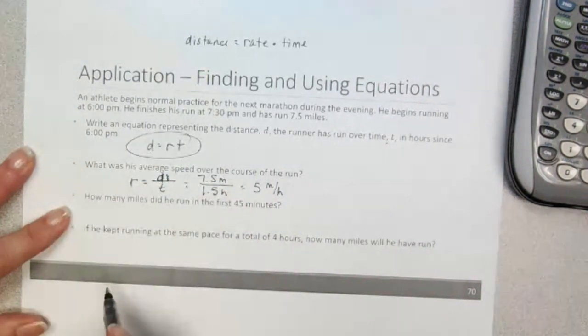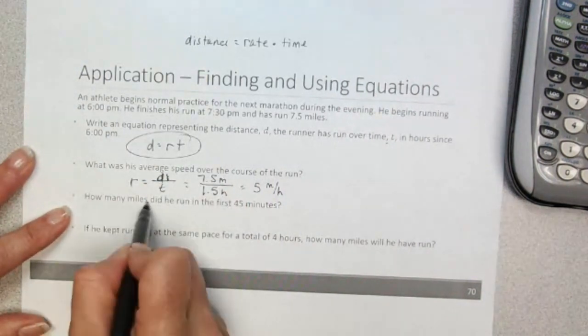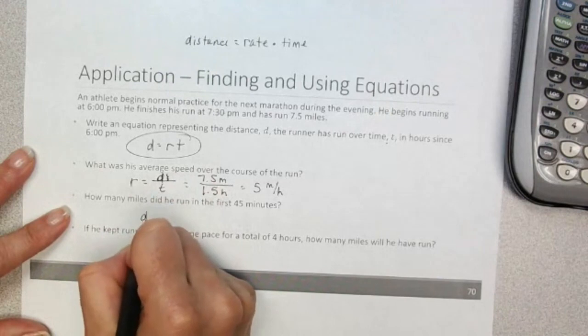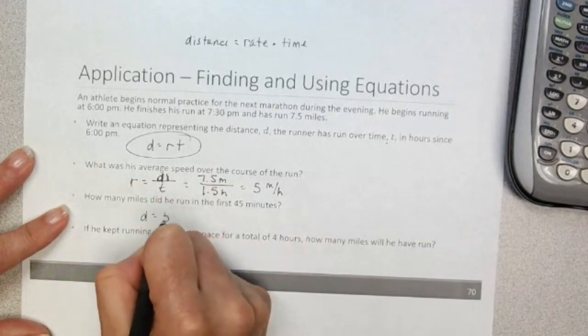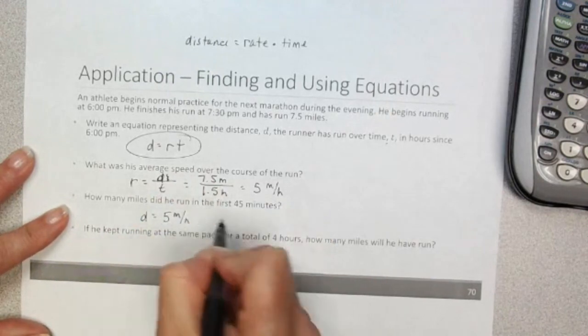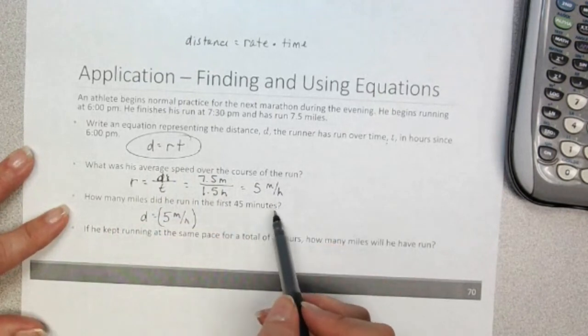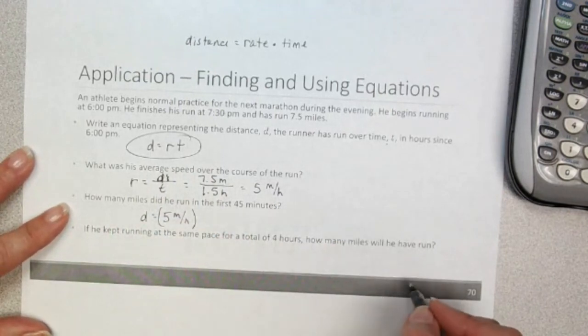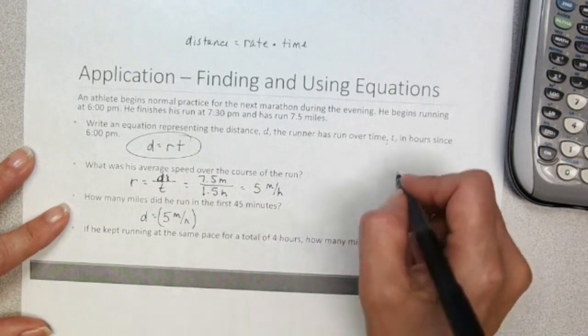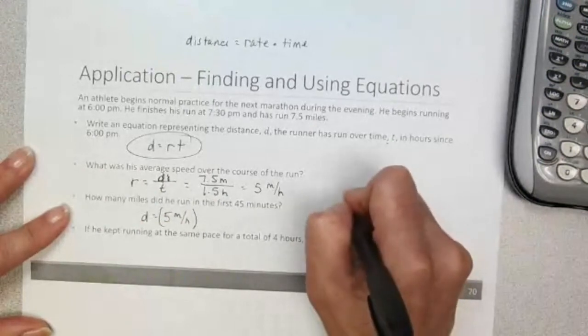Well, I can use my equation for distance to find out how many miles, because that's a distance. So that distance is going to be the rate, that was 5 miles per hour, we just found that, times how many hours? 45 minutes. Well, 45 minutes in hours, that's not a full hour yet.